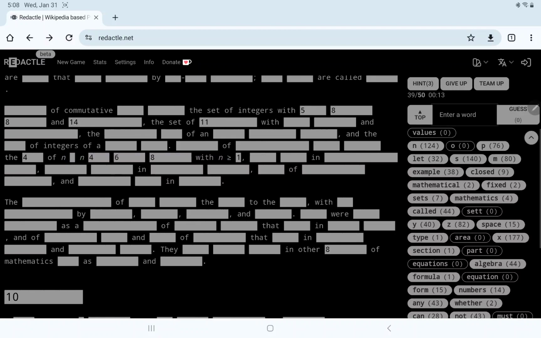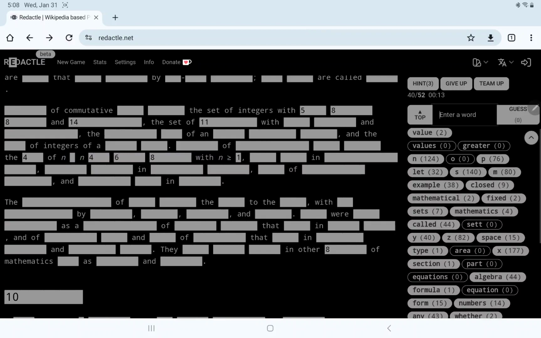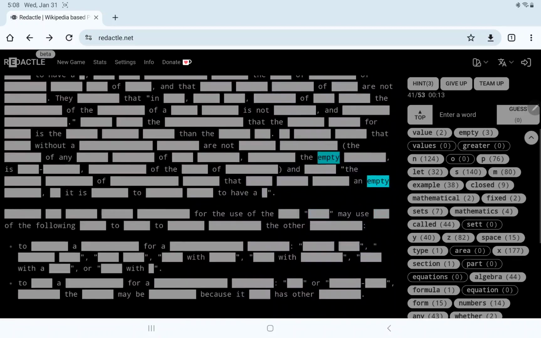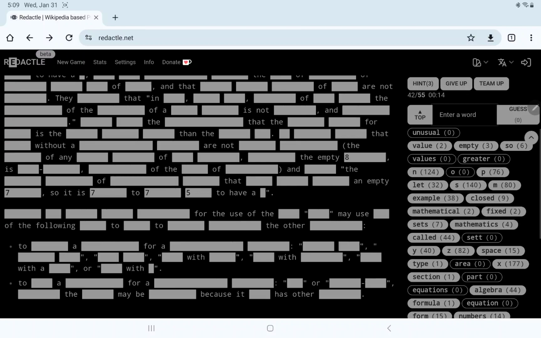How about values? Greater? No. Value? Ooh, how about empty? The empty set. The empty 8. An empty 7. So it is something unusual, maybe?